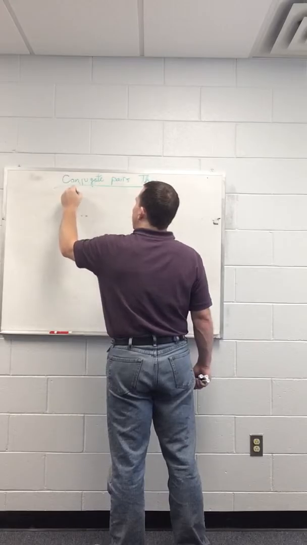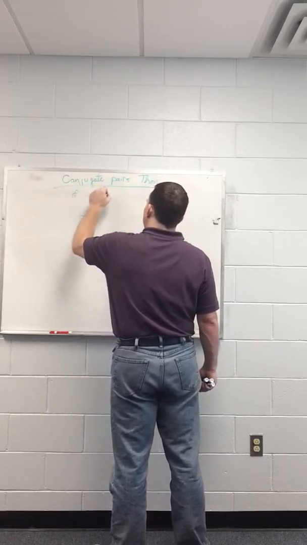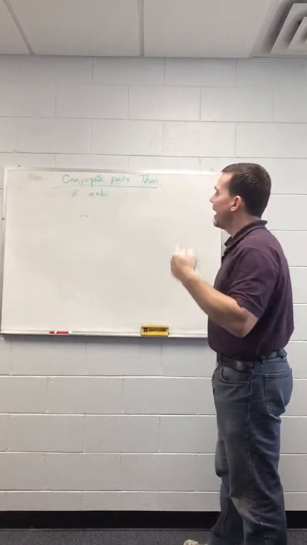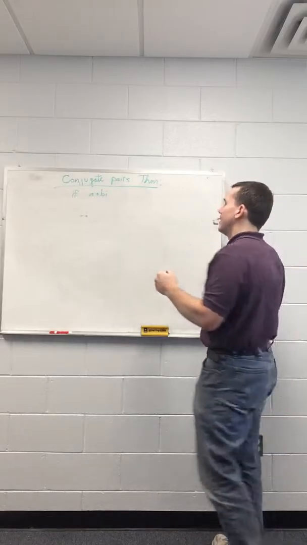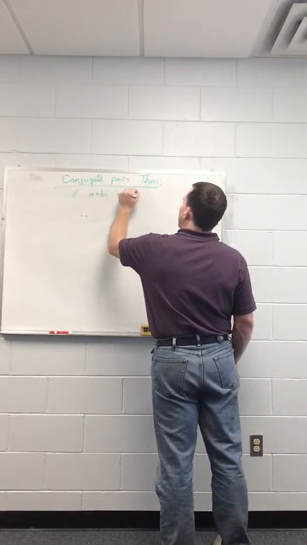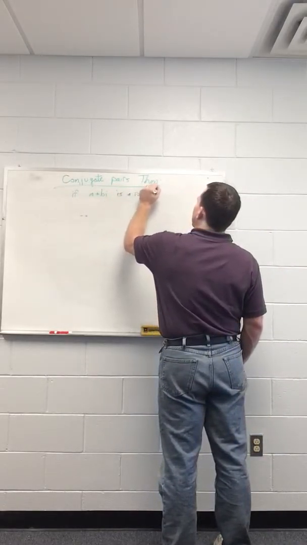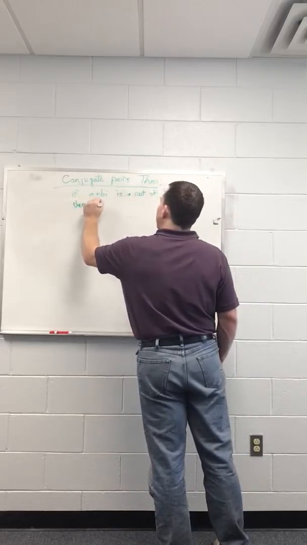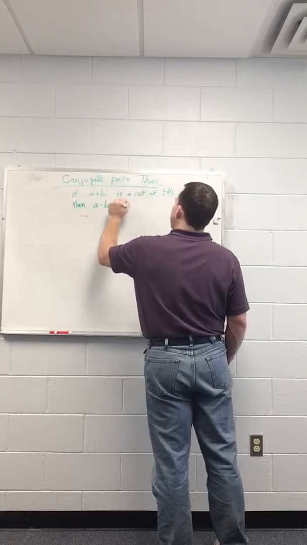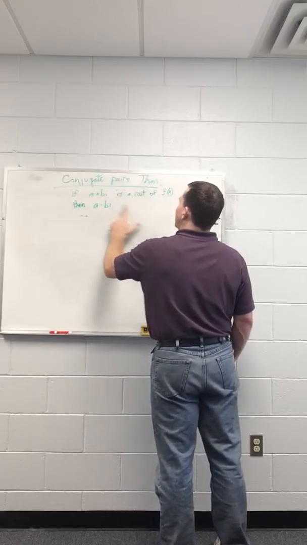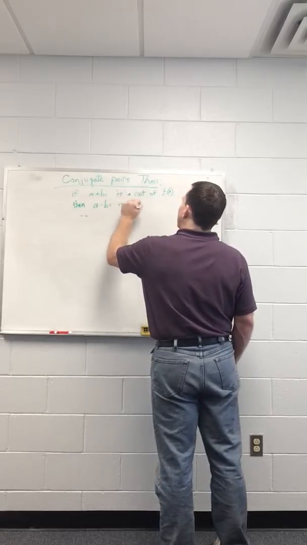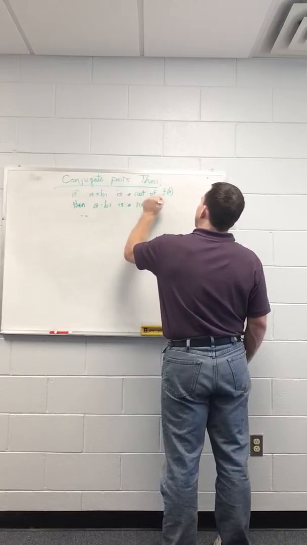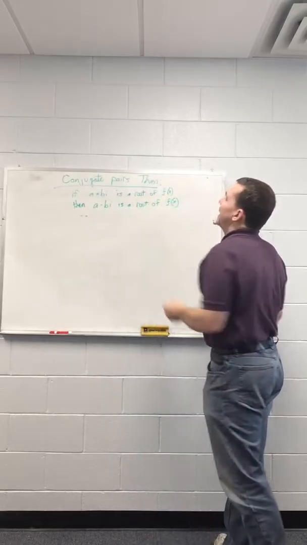And all it really says is, if a plus bi, a complex number, is a root of f of x, then a minus bi is a root of f of x.